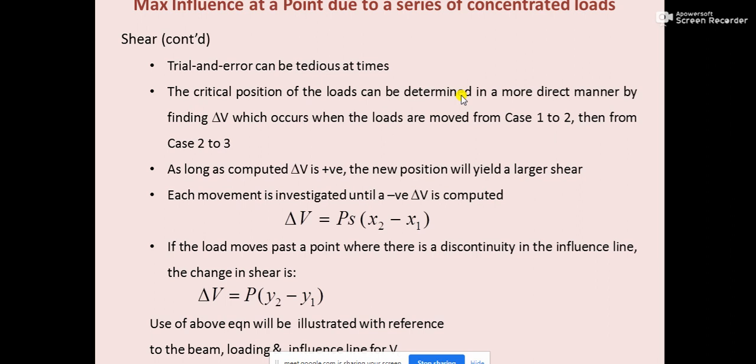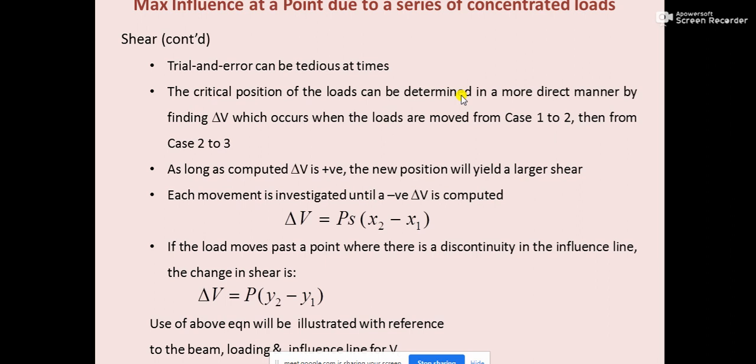That means from case 1 to case 2 you got a positive value, and from case 2 to case 3 you get a negative value. So at the particular position 2, when the change in sign of the change in shear force happens, the position of the load will be critical.